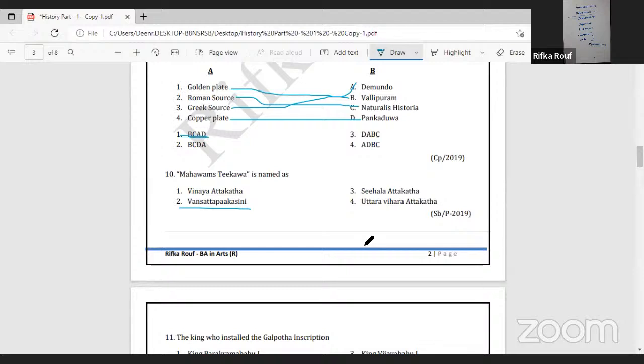When the Mahavamsa and Deepavamsa were being written, the records in these books were also taken into them. So these influenced the two books. That is why the first part of the Mahavamsa and the Deepavamsa include similar information.